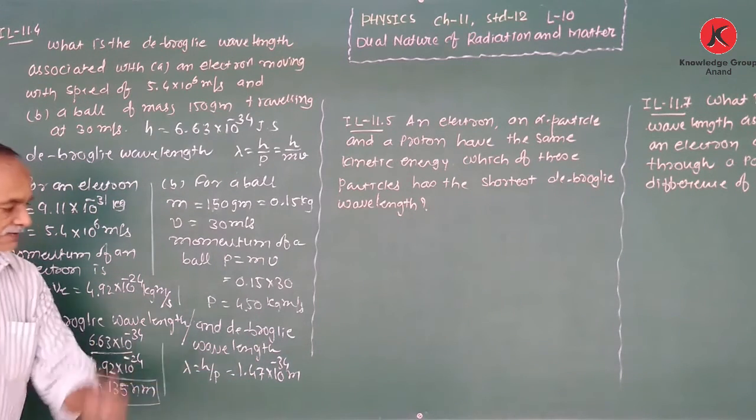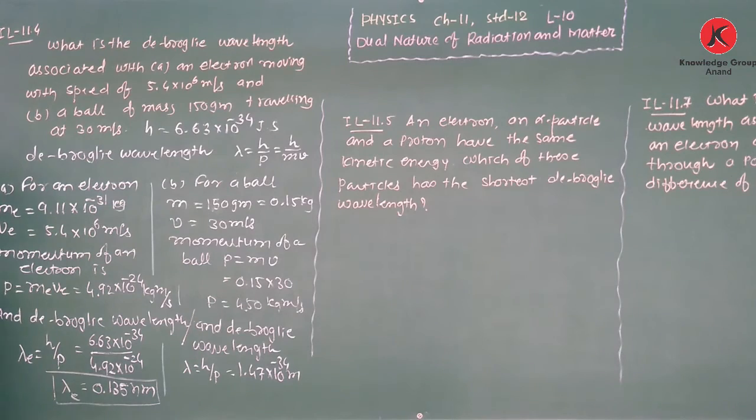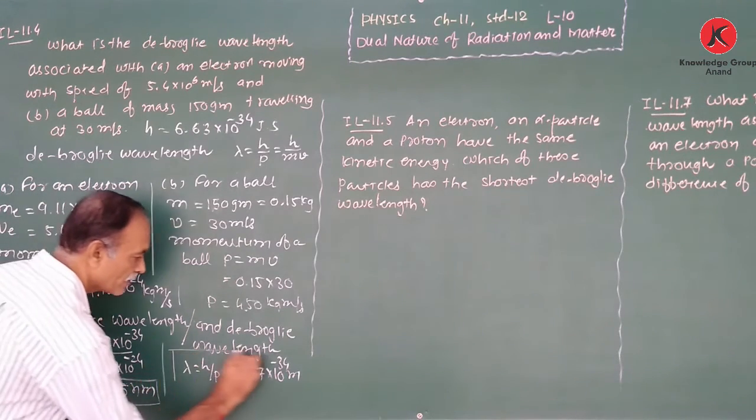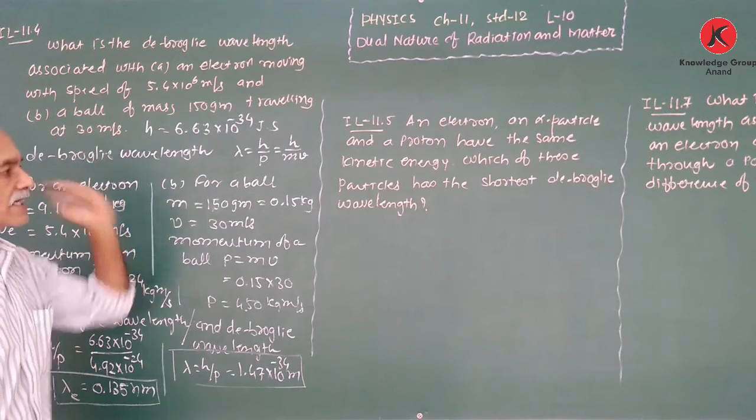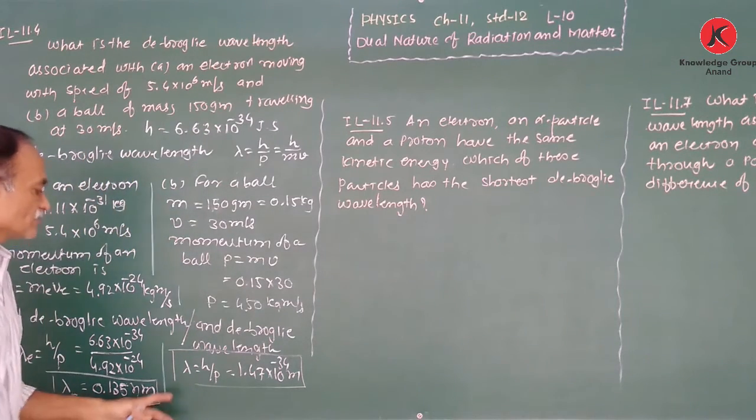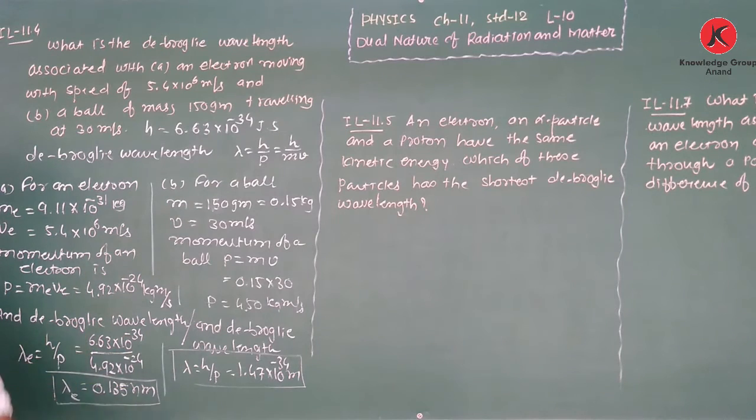So 1.47 into 10 is to minus 34 meter is the wavelength of the given ball moving with the speed of 30 meter per second. Clear this? So that is the wavelength of the electron and that is the wavelength of the given ball.